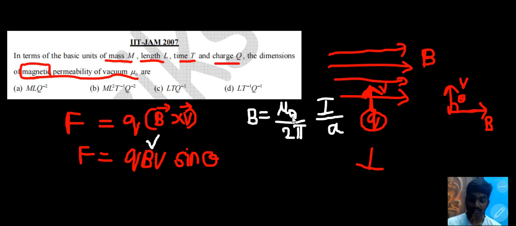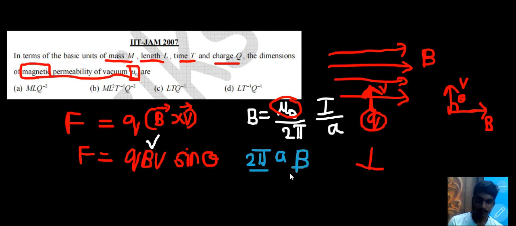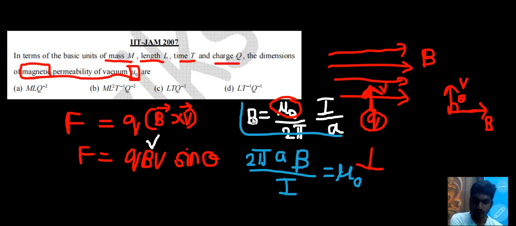We have to find mu naught as per the question, so I'm converting this equation: 2 pi a B by I is equal to mu naught. I moved 2 pi a to the left hand side and I also to the left hand side, and the remaining is mu naught.